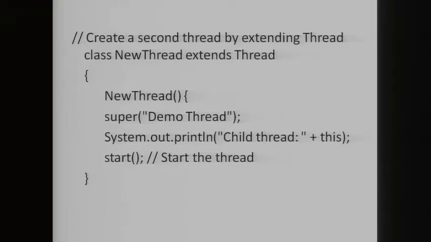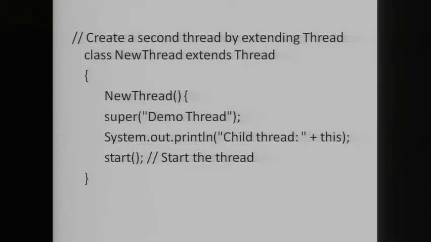So the preceding program ensures that the main thread finishes last, because the main thread sleeps for 1000 milliseconds between iterations, but the child thread sleeps for only 500 milliseconds. So this causes the child thread to terminate earlier than the main thread. Shortly you will see a better way to wait for a thread to finish.